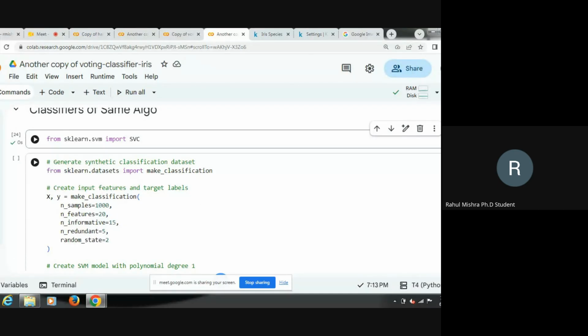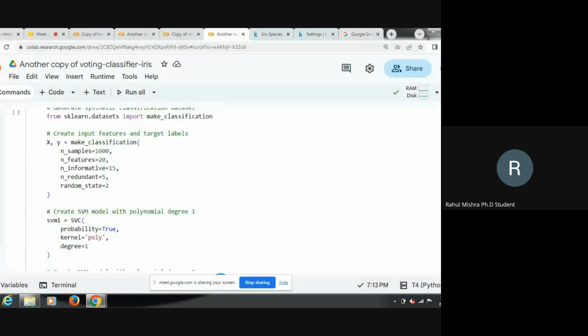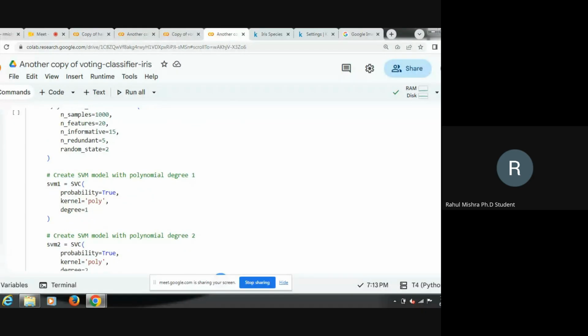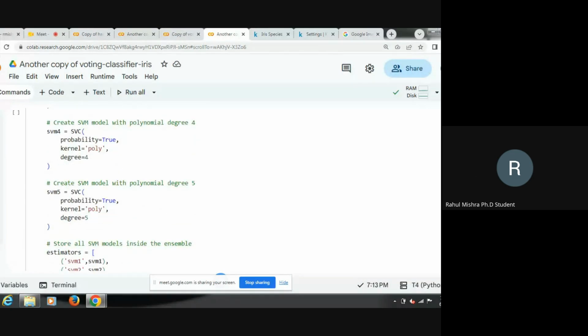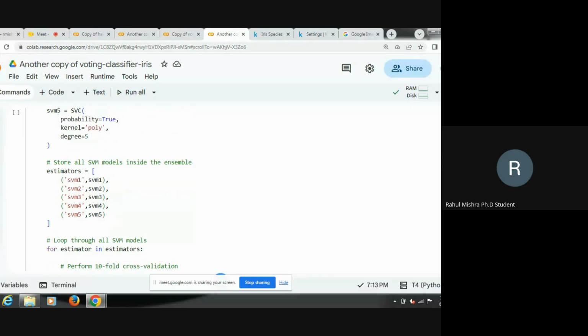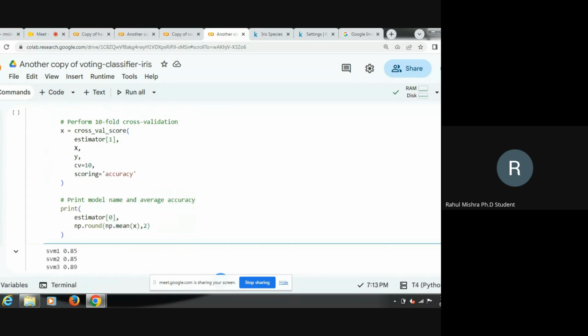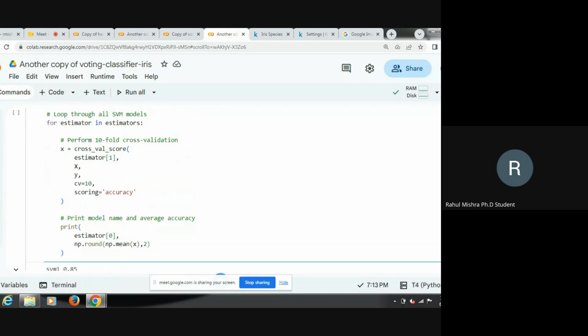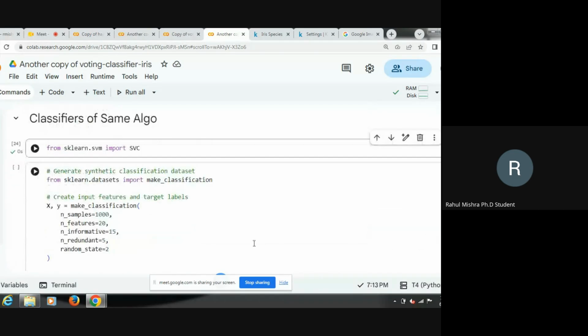This is just a random data set that I have generated. Then I'm using an SVM model with different polynomial degrees, like degree 1, 2, 3, and I don't know what could be the best result. Then I'm using SVM1, SVM2, up to SVM5, with different polynomial degrees. I'm applying cross validation and finding out what the best result could be. Let me just run this code again.